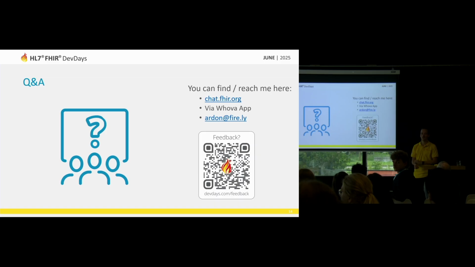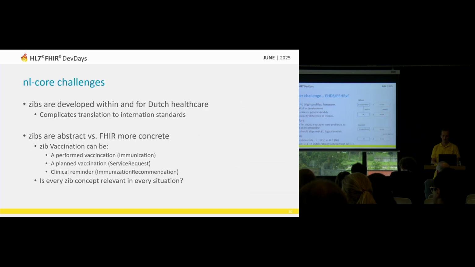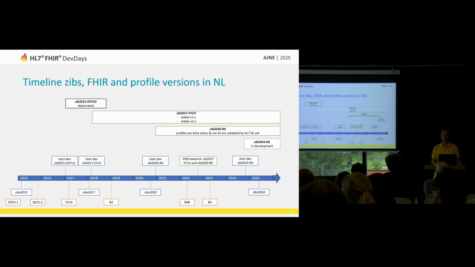So you either have to adapt your logical model or you have to bend the FHIR profile to make it match. How much FHIR knowledge do you put into the creation and development of the zips nowadays, knowing that you eventually will have to map it to a FHIR resource? Is that still separate, or are there actually FHIR experts at the table when the zips are created?